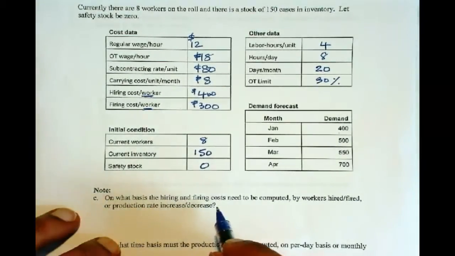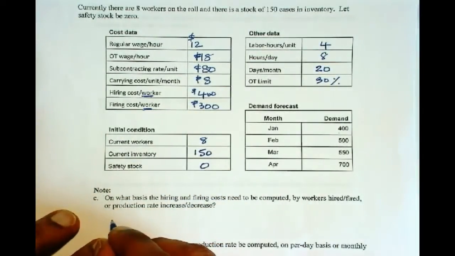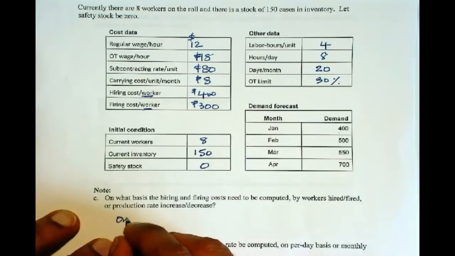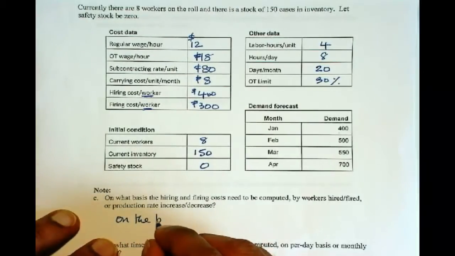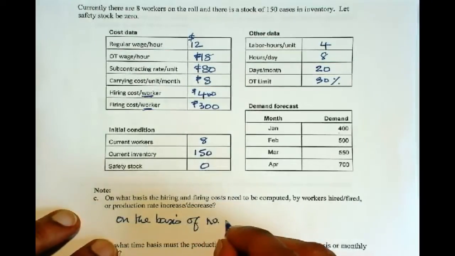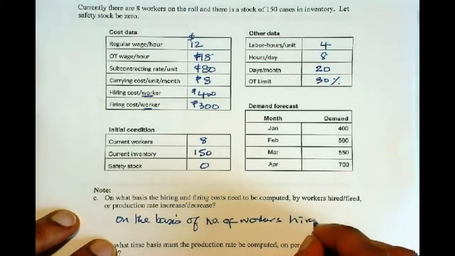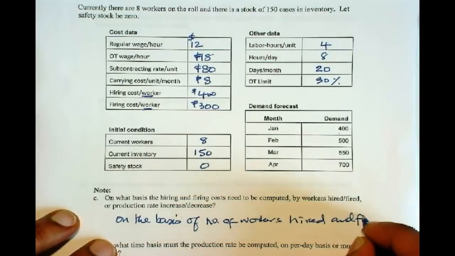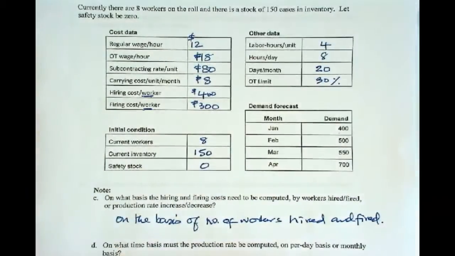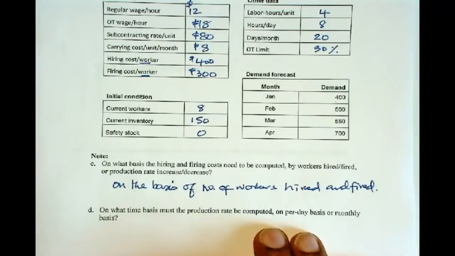So on what basis is hiring and firing cost to be computed? So this is on the basis of number of workers hired and fired. So we have to remember that. Okay. On what basis must the production be computed?